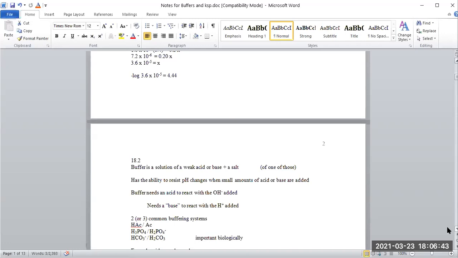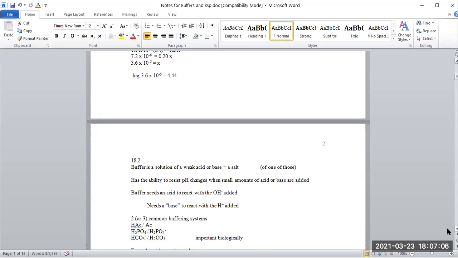Buffers have an acid part such that if you dump a little hydroxide in there, it kind of absorbs it. But then they also have a conjugate base present, so that if you dump a little acid, a little H plus in there, it also absorbs it.